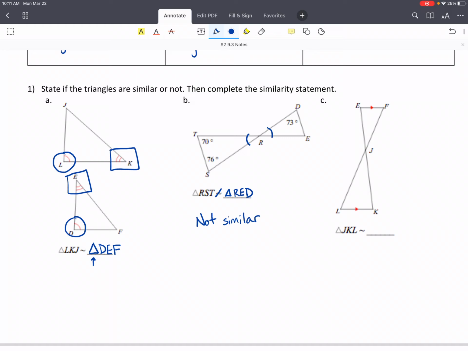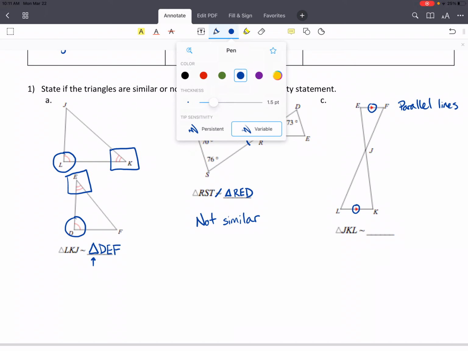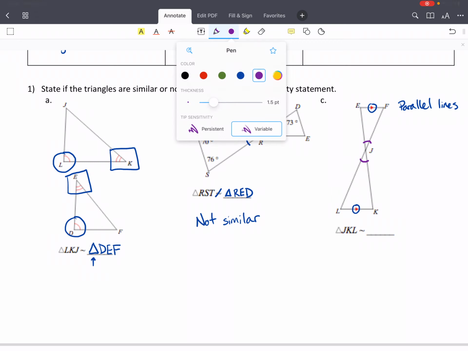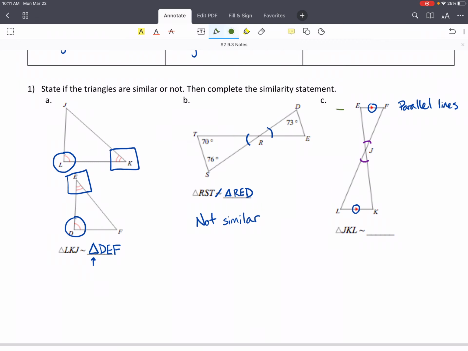Our last example, notice none of these have had the side lengths labeled, which is why I'm leaning on angle-angle similarity. Something important here is that we have some parallel lines going on. And so I can see, first off, I have a set of vertical angles. And now parallel lines, I want you to remember the parallel line relationship that we looked at on the first day of this unit.